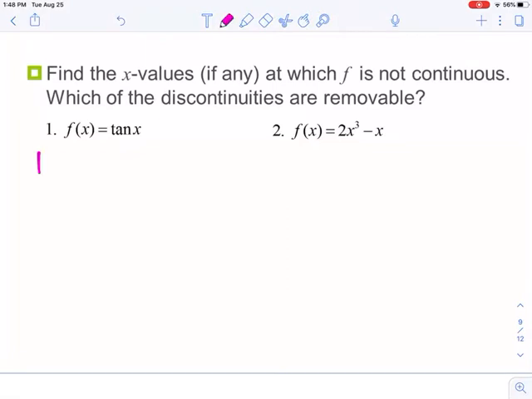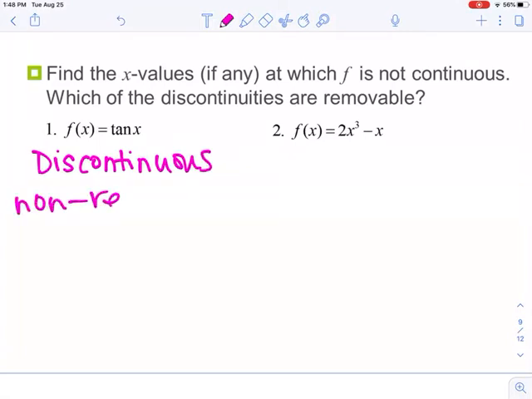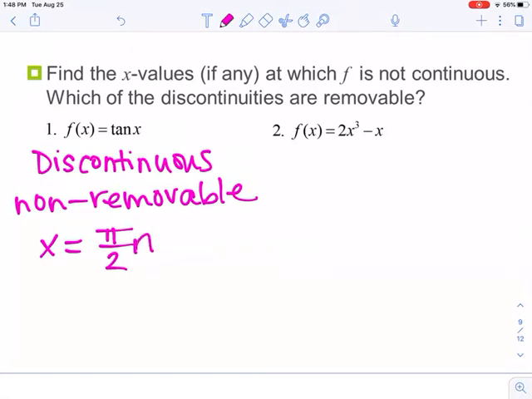Okay, so obviously this is not continuous because of our asymptotes. This is discontinuous. And they are non-removable discontinuities because we have asymptotes. And where are those asymptotes occurring?